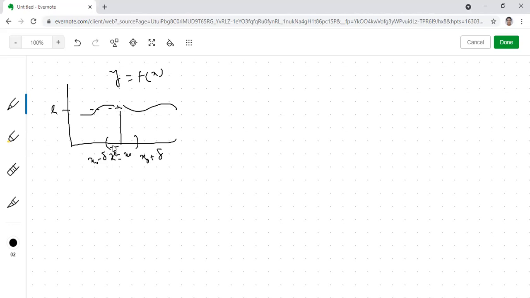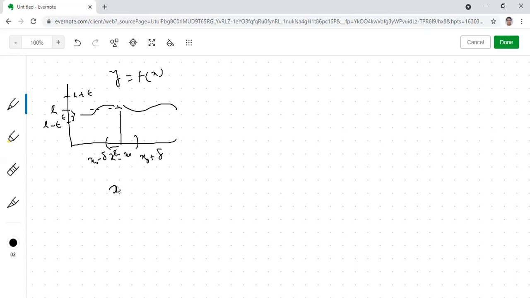Now, whenever we vary the value from here, we find that the values lie in an interval of epsilon. So this will be L minus epsilon. And whenever we vary the values greater than x0, we find that the values lie in that interval, so L plus epsilon. So these are the functional values f(x). Say this is x1; the functional value will be f(x1), like that.